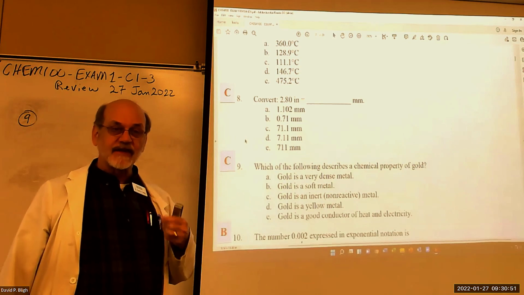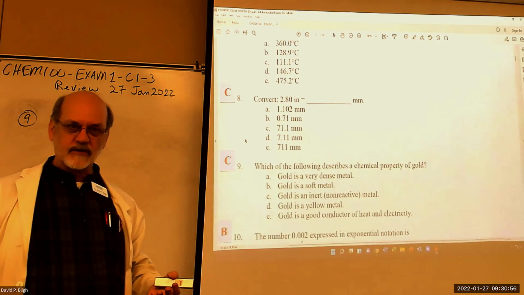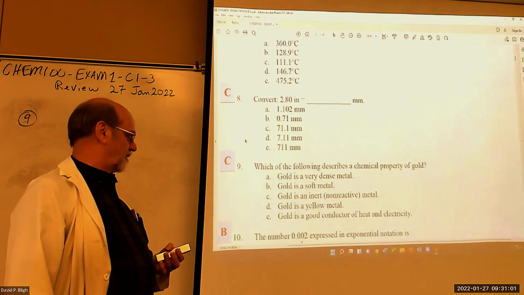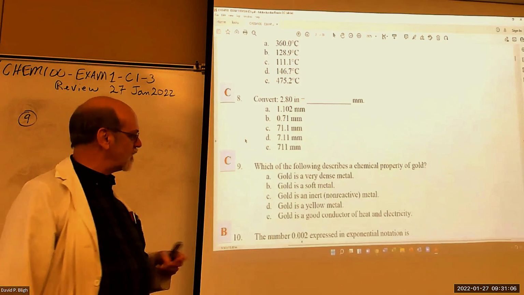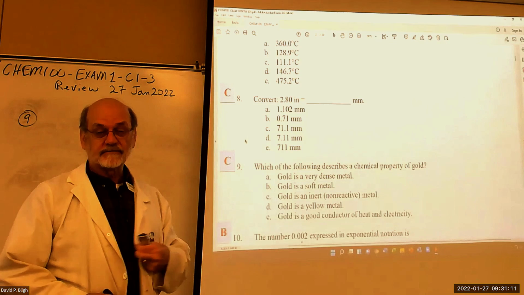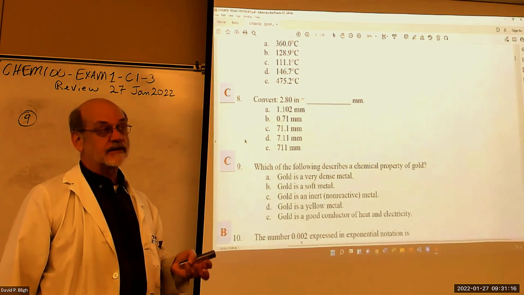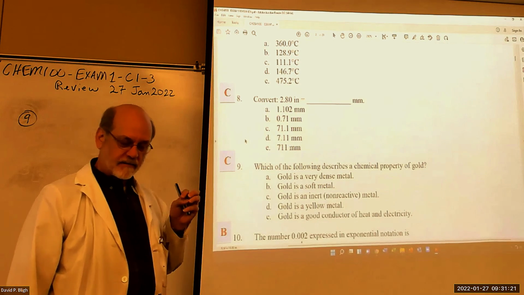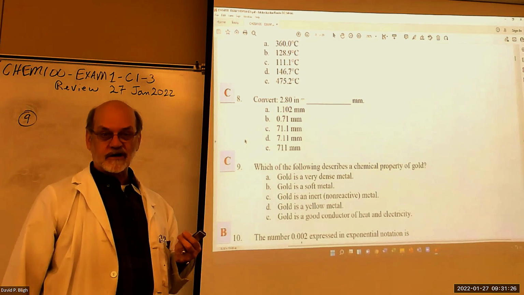That speaks to the fact that gold will not react chemically with other elements or compounds. Well, actually it will, but you kind of have to force it. How do you get gold into solution? One of the ways is to use a mixture called aqua regia, which means royal water.